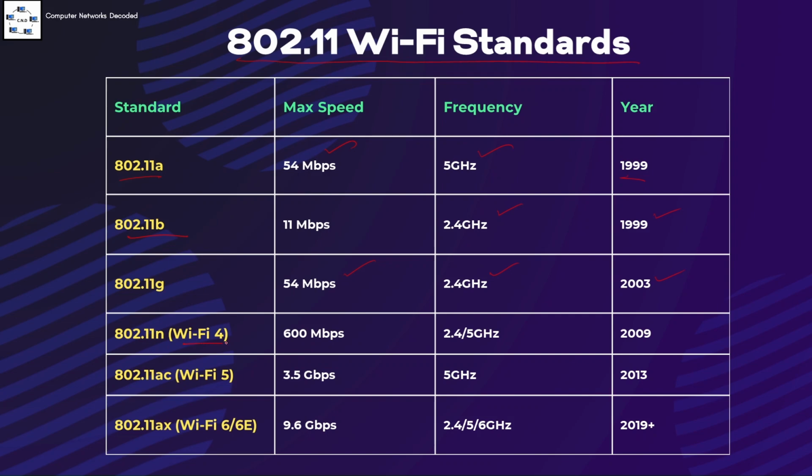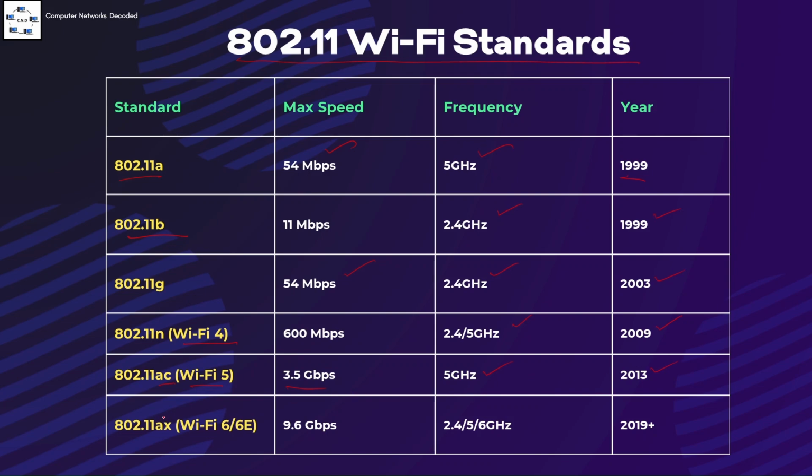802.11n, also known as Wi-Fi 4, has 600 Mbps speed. It uses both the 2.4 and 5 gigahertz frequency bands and it was introduced in 2009. While 802.11ac, also known as Wi-Fi 5, has a maximum speed of up to 3.5 gigabit per second. It uses the 5 gigahertz frequency band and it was introduced in 2013.